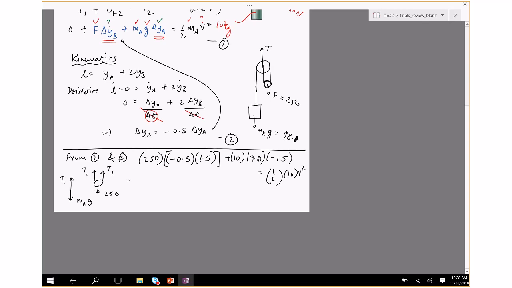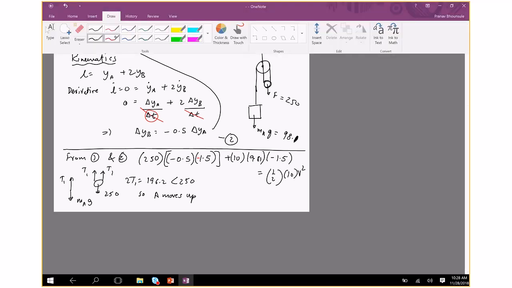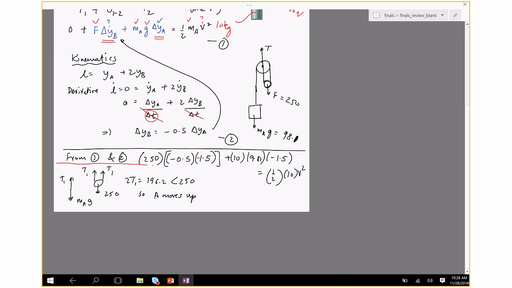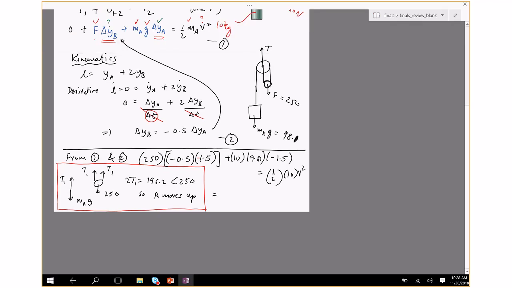So twice T1, which is equal to 196.2, is less than 250. So A moves up. Okay, so if you solve for V from that equation, you should get 2.84 meters per second.